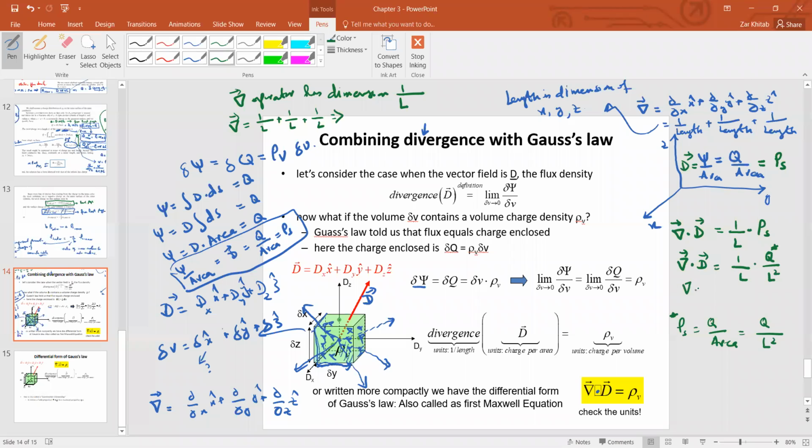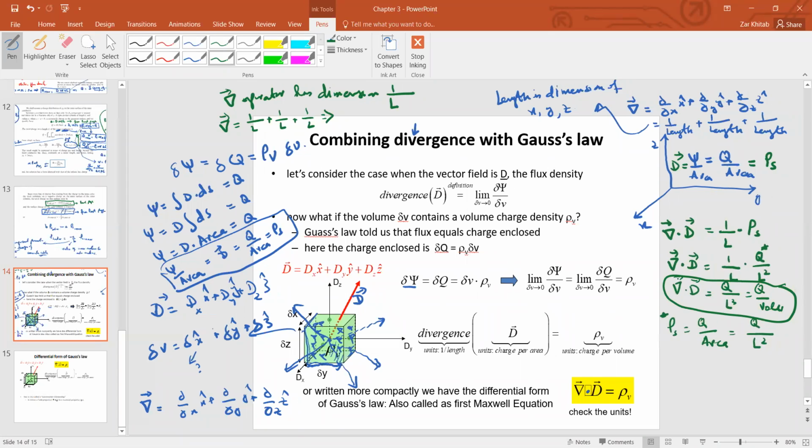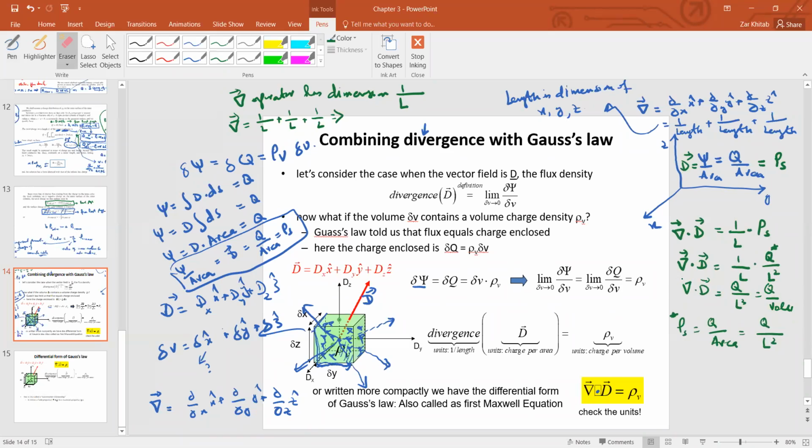So divergence D equals charge divided by length cubed, which equals volume. Is this clear? So divergence D equals rho v. So this is the first Maxwell equation.